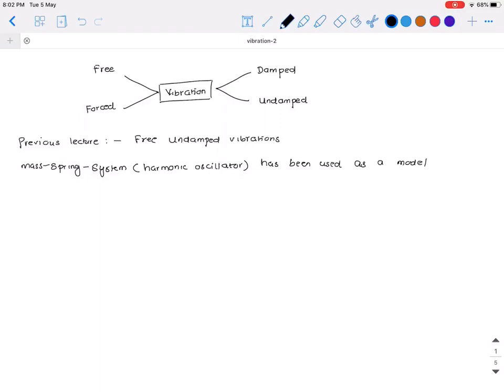Okay, however, free undamped vibration misses a very important physical concept.